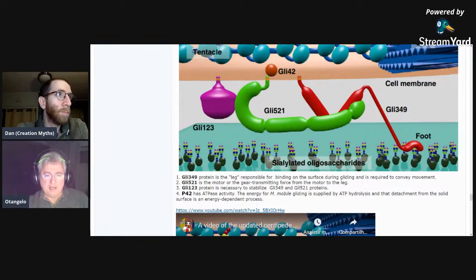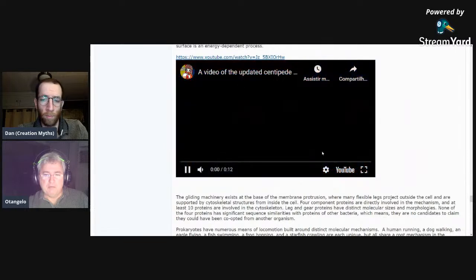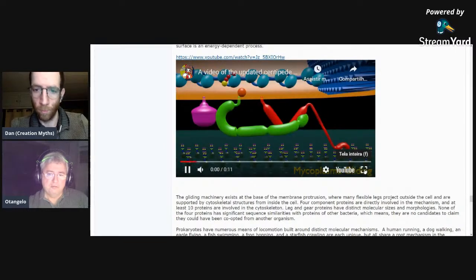Then 3, the Gli123, that part here, is necessary to stabilize the Gli349 and Gli521 proteins. And P42, which is that part up here, has ATPase activity. The energy for mobile gliding is supplied by ATP hydrolysis, and the detachment from the solid surface is an energy-dependent process. So here is a small video where you guys can have a look at how that works.